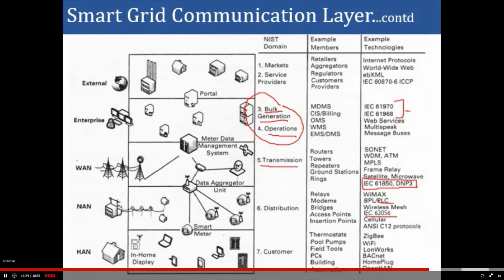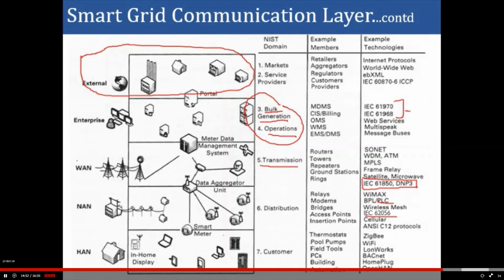Now, after the enterprise level, you will have the external world, where the information is shared for other activities, or maybe shared with the various stakeholders. Here the NIST domain which we can map is the market and the service provider.